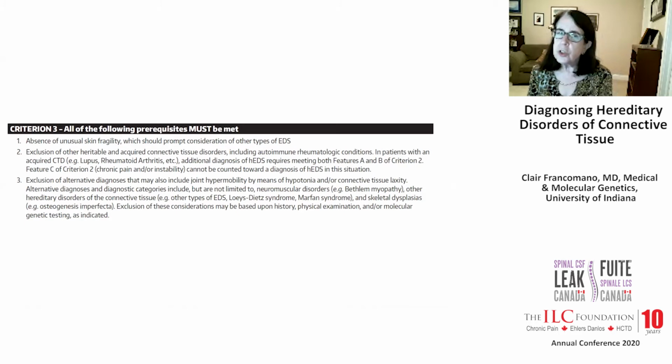And we want to exclude other heritable and acquired connective tissue disorders, and also alternative diagnoses that may also include joint hypermobility. For example, if the person might have hypotonia. So we want to really be thinking that we've done our due diligence and considered a full differential diagnosis.